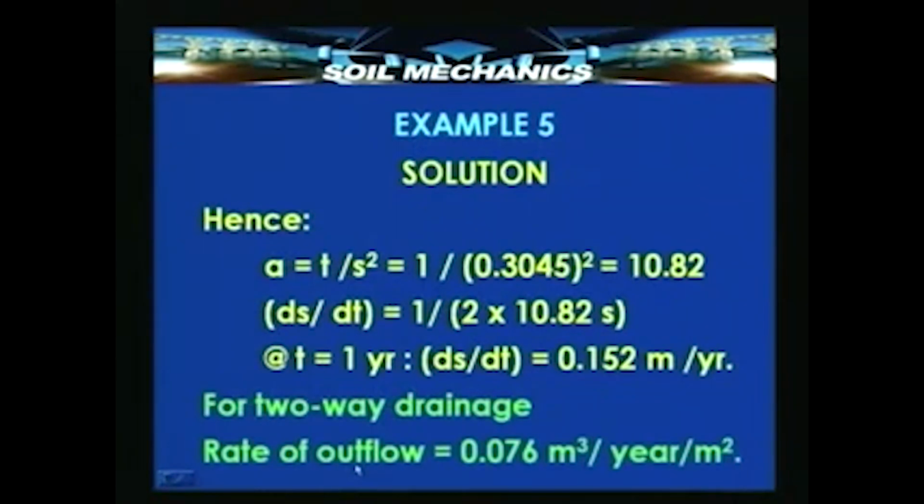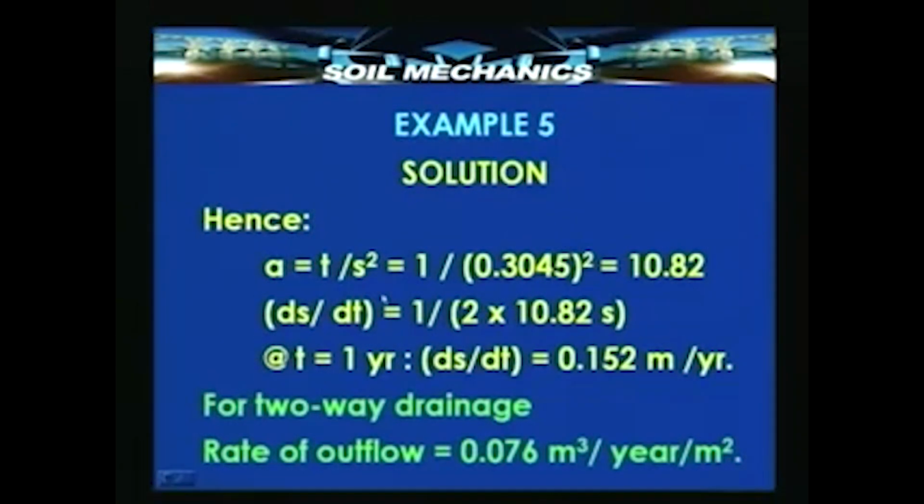So, let us see, since A is nothing but t upon s square, at least one value of A can be determined from the available data already. That is, we know that when t is 1, we have just now computed that the settlement is 0.3045. So, t upon s square is 10.82.